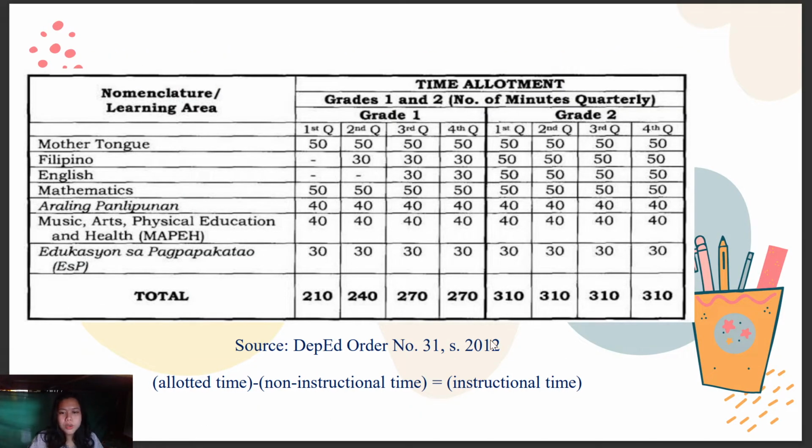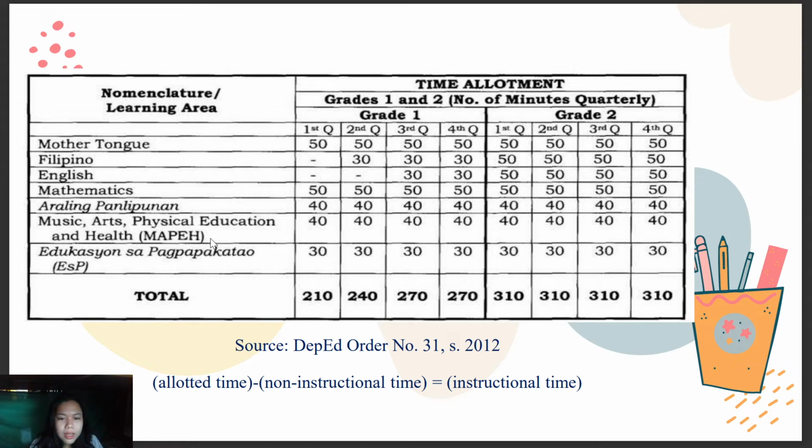Actually, it's not 2012, it's 2018 yet. This is another version of time allotment. It depends on each subject, 50 minutes, 30 minutes, 210 minutes per day, with 2, 4, 6, 7 subjects.